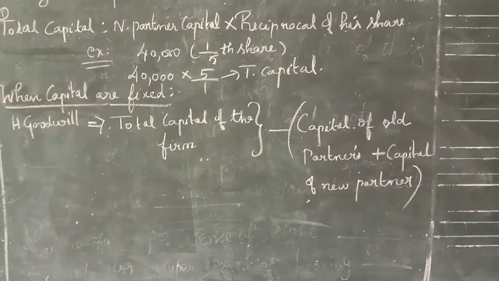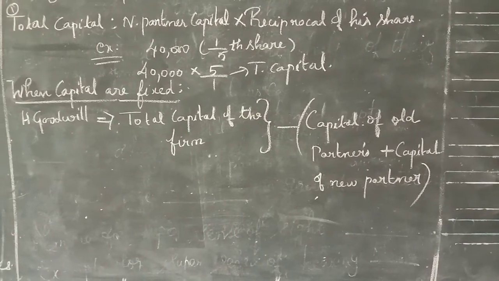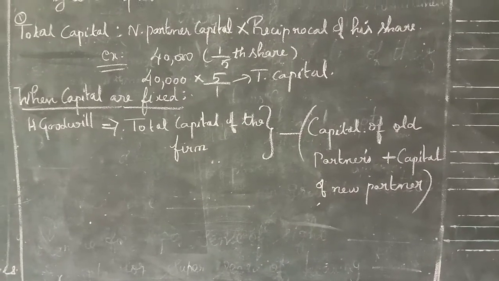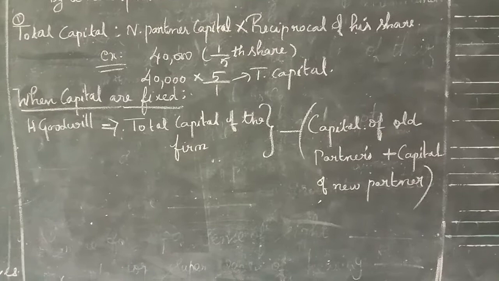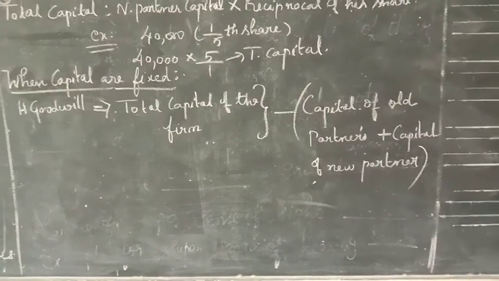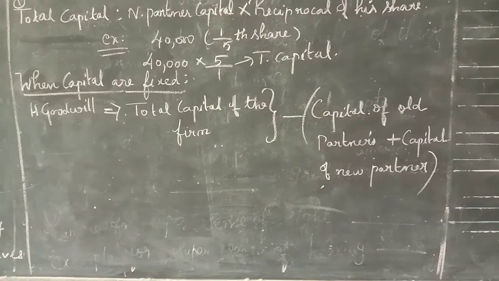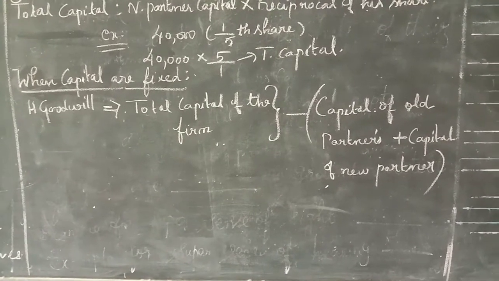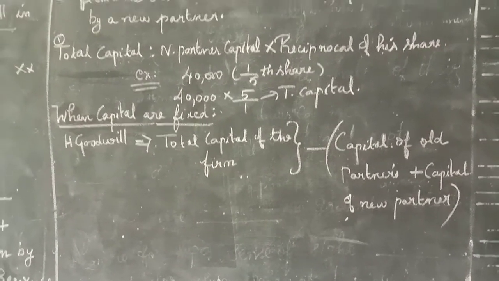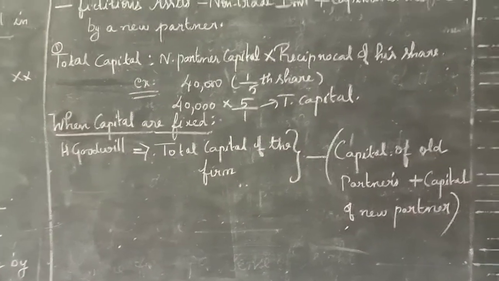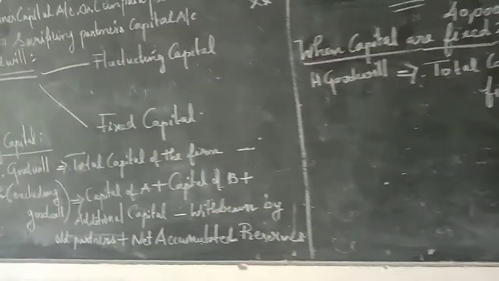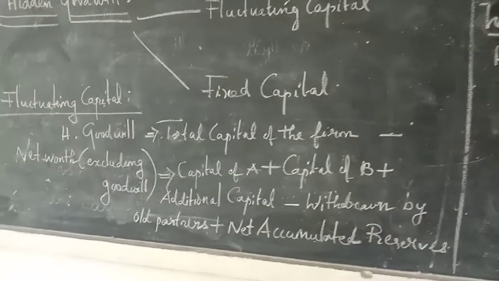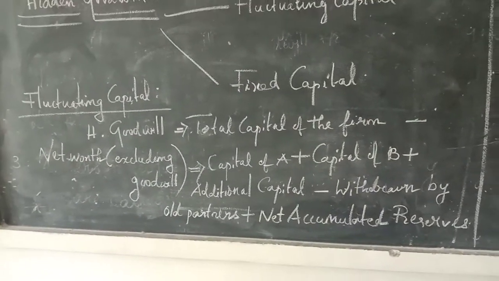What is the reciprocal? The denominator becomes the numerator and the numerator becomes the denominator. So 40,000 into 5/1, that is the reciprocal of 1/5, and we will get the total capital of the firm. Then we subtract certain items, and the balance amount is called the hidden goodwill when the capitals are fluctuating.